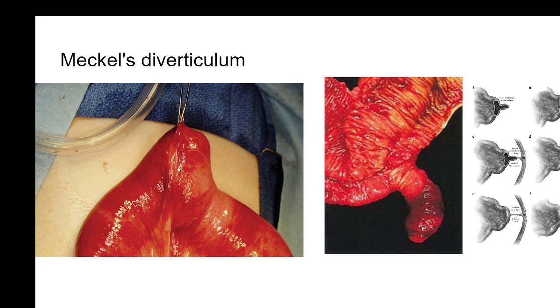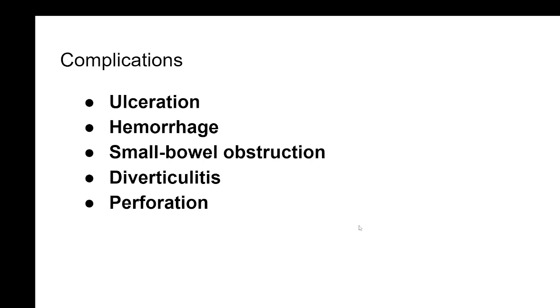One of the complications is the diverticulum may become inflamed due to the stasis, and that produces what you call diverticulitis. The other complications could be ulcerations, perforation, hemorrhage, and obstruction. And from the appendicitis differential diagnosis point of view, diverticulitis is the issue.